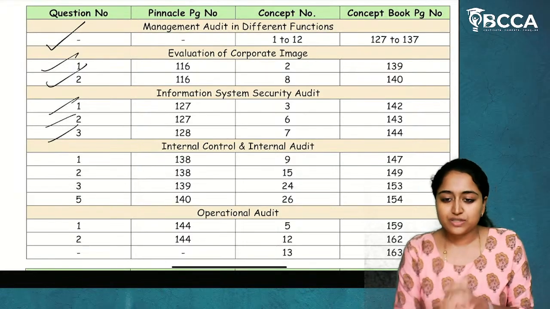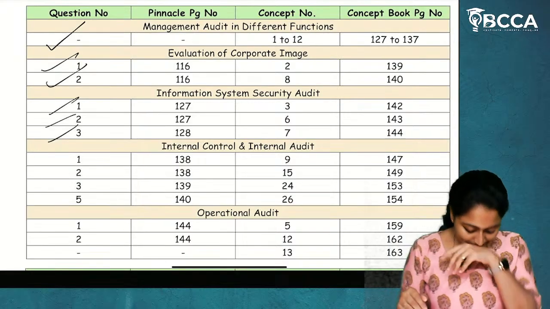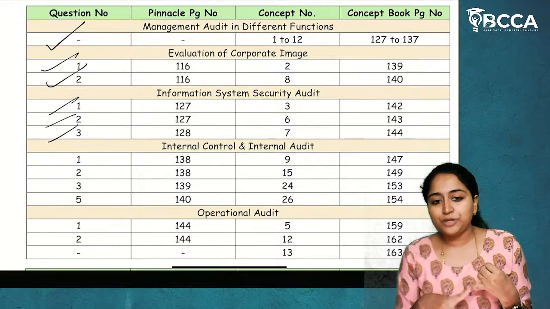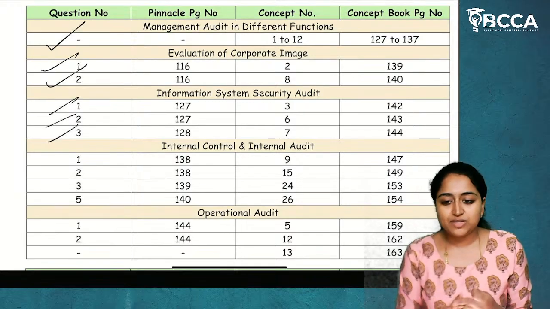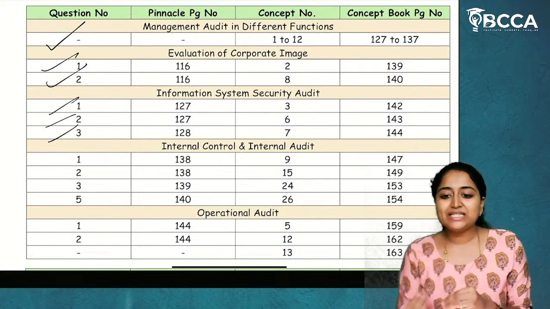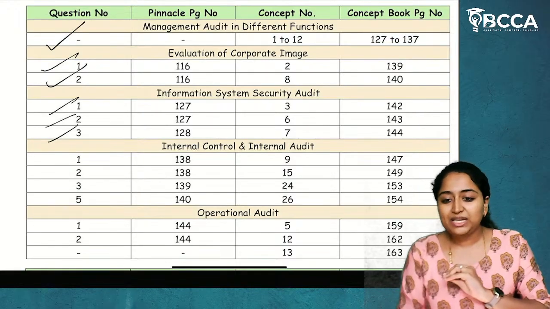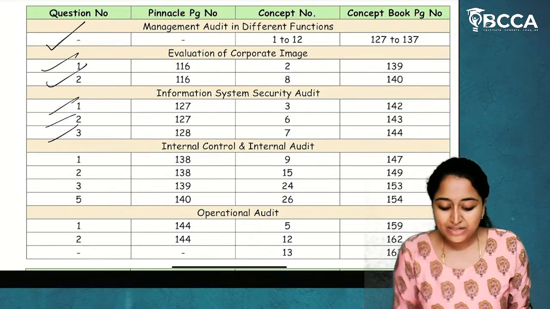In today's class we have completed Management Audit in different functions, Evaluation of Corporate Image and Information System Security Audit. Is it clear? Did you understand what questions are being asked and what you will write in the examination as an answer? Do you have any doubts?